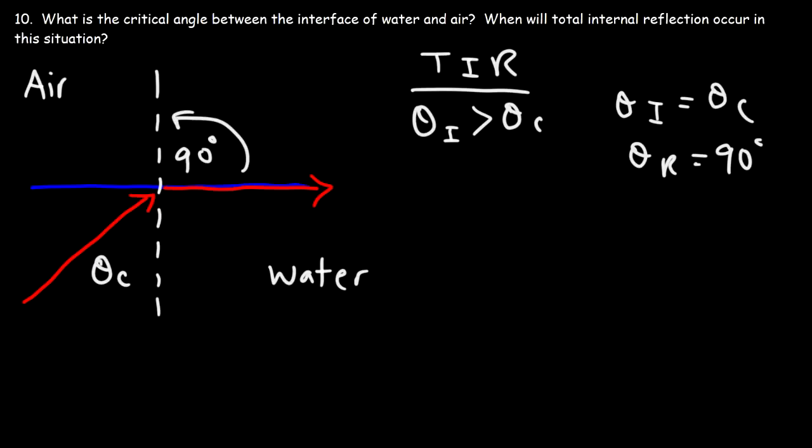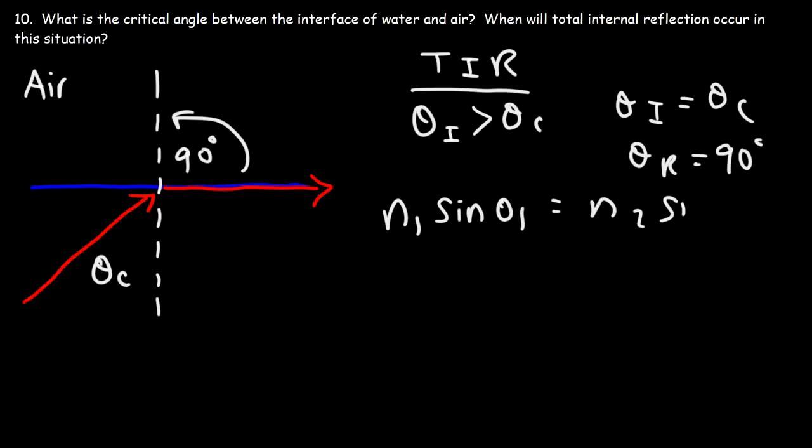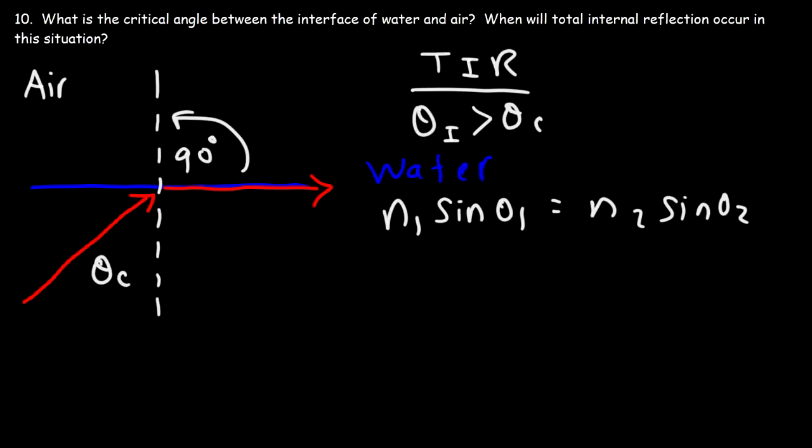So we need to calculate the critical angle in this problem. So let's use this formula. N1 sine theta 1 is equal to N2 sine theta 2. So the left side is going to be for water, and the right side of the equation we're going to use for air.